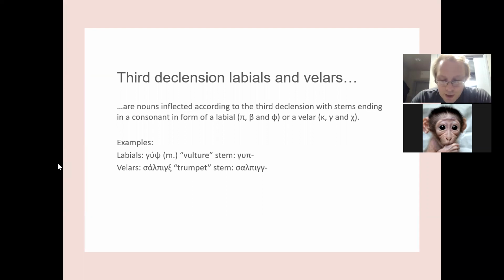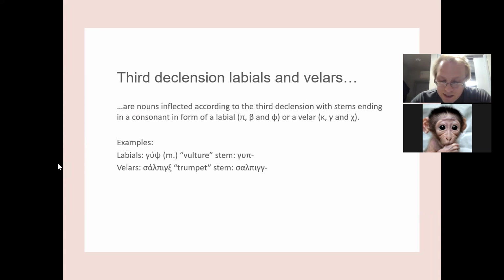So we use as examples here gyps, which means vulture, and salpinx, which means trumpet. What is noteworthy for these groups of nouns, that is for the third declension nouns with roots ending in a labial or velar, is that all nouns of this type end with an S sound in the nominative singular.